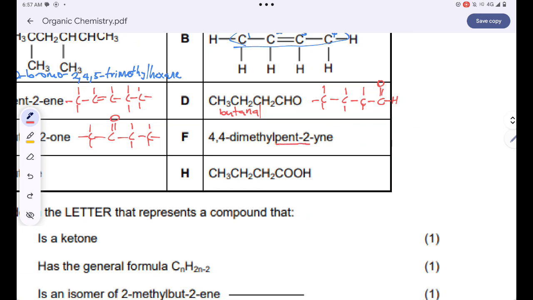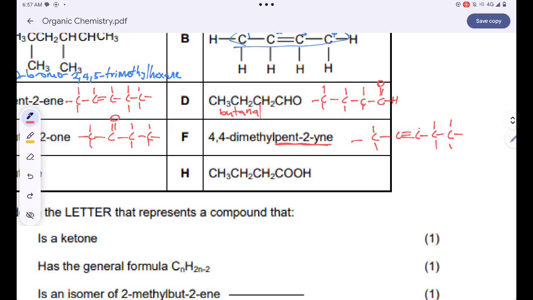My parent chain has 5 carbons, so it will be 1, 2, 3, 4, 5. Between carbon number 2 and 3, I have a triple bond, like that. And then all I have to do is make sure that my carbons are fully bonded.